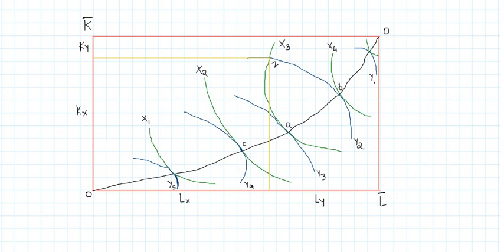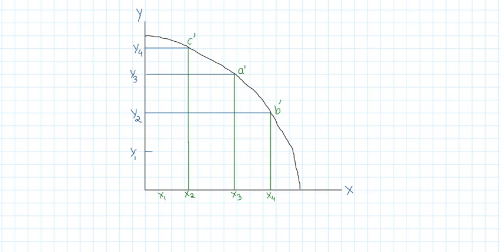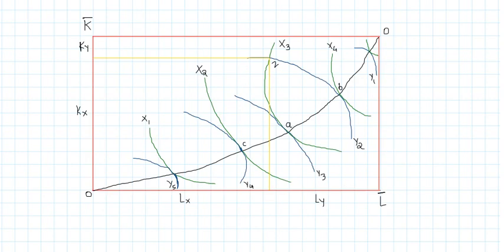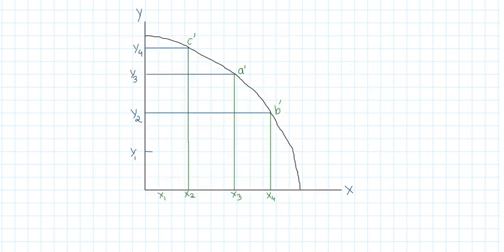Now you can actually derive this PPC curve, production possibility curve, from this diagram itself. Let me show you how. So all these points on the contract curve that you saw earlier, the points A, B, C plotted here, can generate the PPC curve.